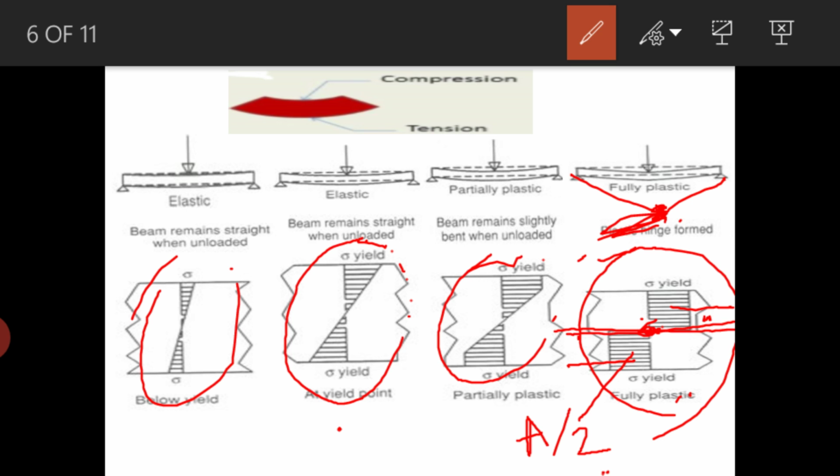Based on this, in steel structures, the classification of sections is made. That is very important for solving beam problems.